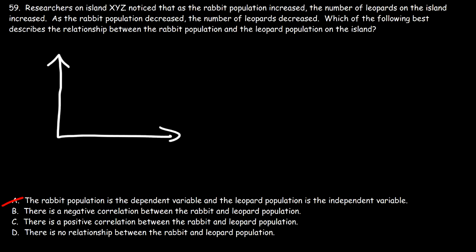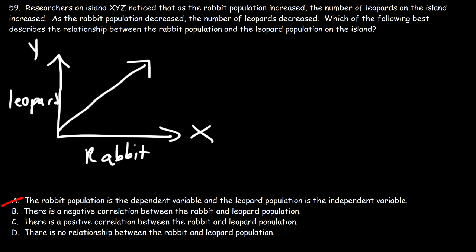So the leopard population should be the dependent variable and the rabbit population should be the independent variable. So if we were to graph it, we need to put the rabbit population on the x-axis and the leopard population on the y-axis. As the rabbit population increases, the leopard population increases as well. Now what about B? There is a negative correlation between the rabbit and leopard population.